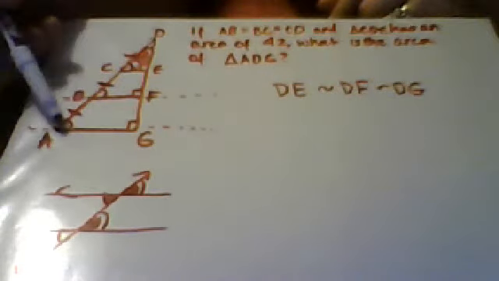So the reason that helps us is because we know that line DG is 3 times as long. And the reason we can say that is because in similar figures, for instance, DA and DC, since this little triangle is similar to the bigger triangle, because they told us that these little segments here are equal, then that means we know that this hypotenuse is 1/3 of the largest hypotenuse.